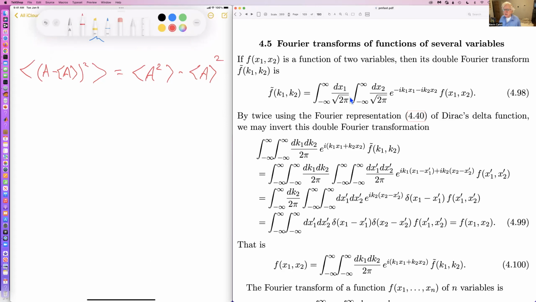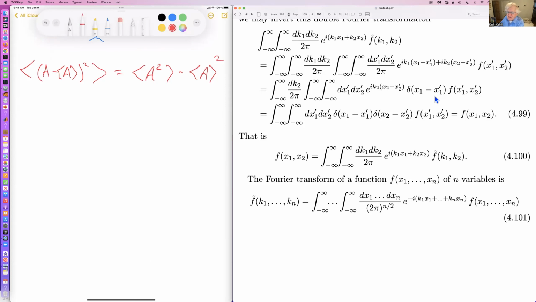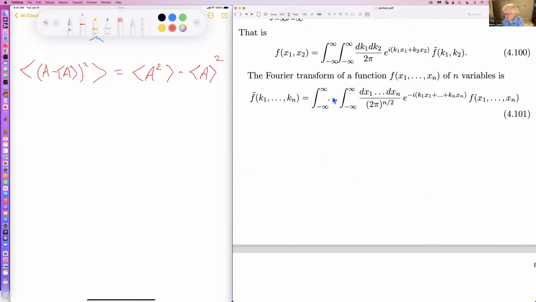And if you then write f in terms of its Fourier transform, you can see that if you use the double Fourier transform to compute what f of x is, with the delta functions, you get it back again. So once again, it's all just basically Dirac, and he brings everything back to us. So f of x1 and x2 is the Fourier transform of its Fourier transform.